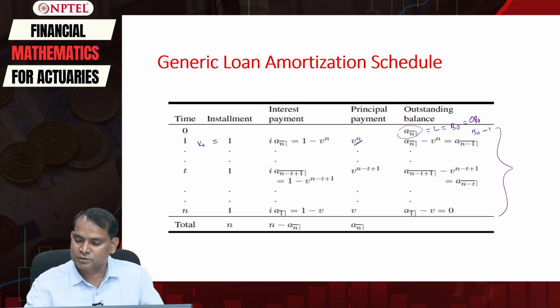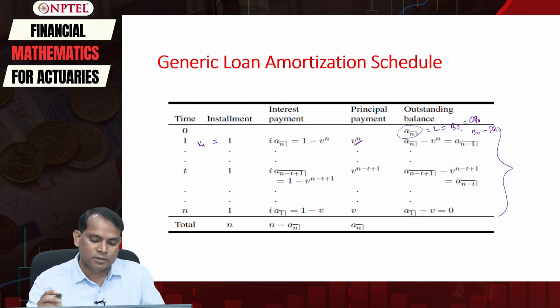So the principal reduction 1 we can write as a angle n at i minus v to the power n, which is what we have already computed in the previous slide.